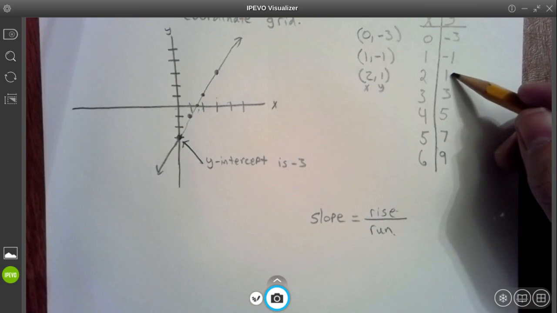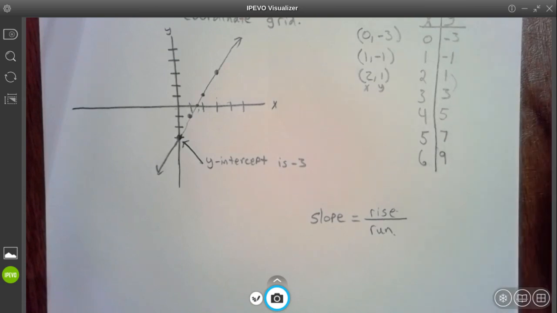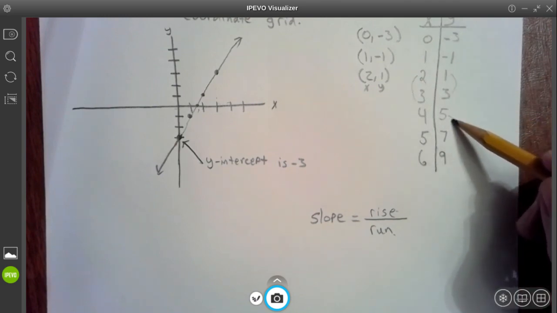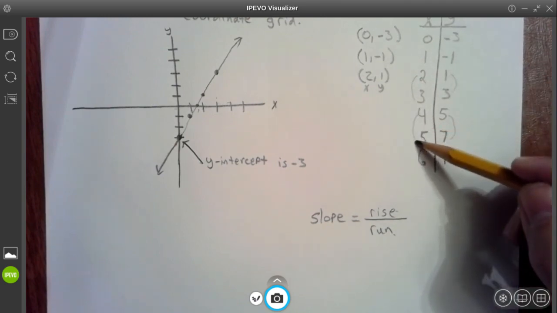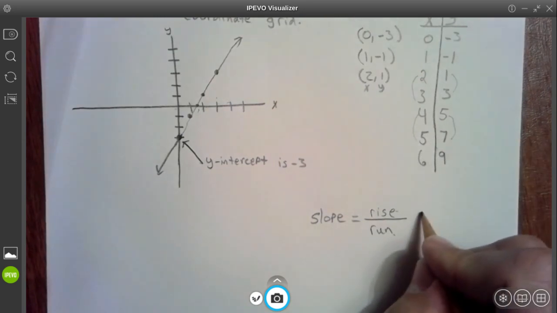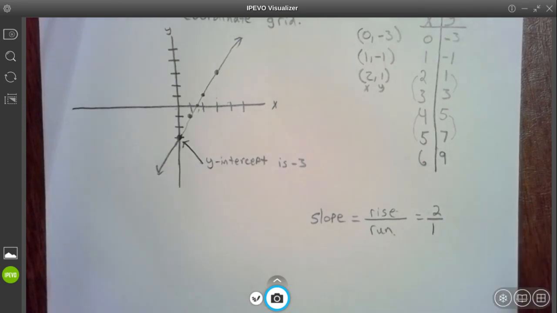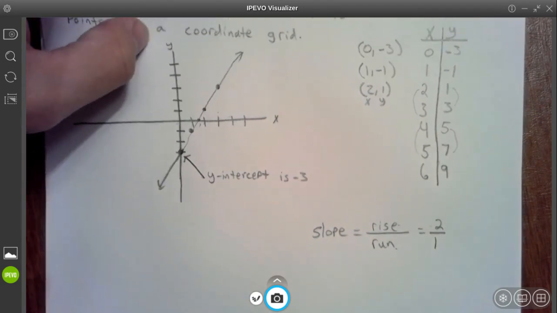Earlier we were saying that as we went up by 2 on the y values, the x values were going up by 1. And that is the slope of this line. The top number of my fraction is 2, and the bottom number is 1. This is the slope of this line.